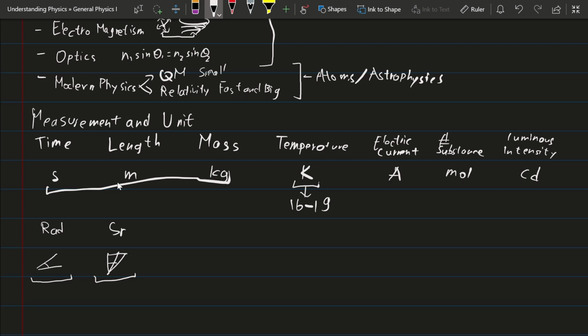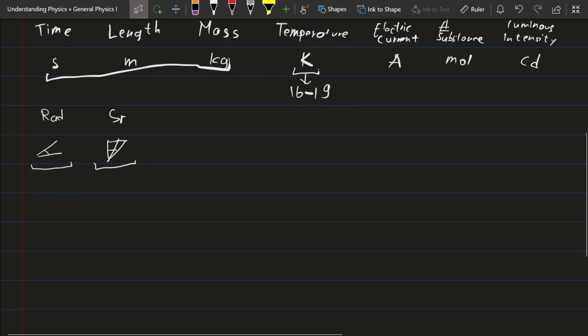Apart from these units, I will also introduce the way of us using prefixes in order to signify the order of magnitude of a certain unit. You might have heard about kilometer, centimeter, or millimeter. They all come from these SI prefixes.